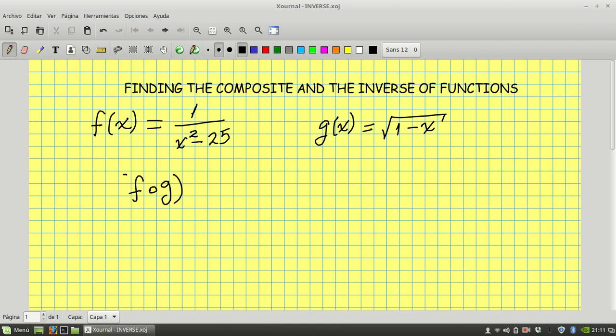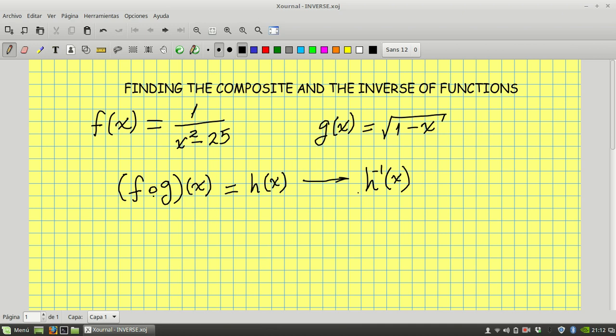This is the exercise we're going to find first, and we're going to call it h(x), and then we're going to find the inverse of h. Okay, so first the composite, then the inverse.